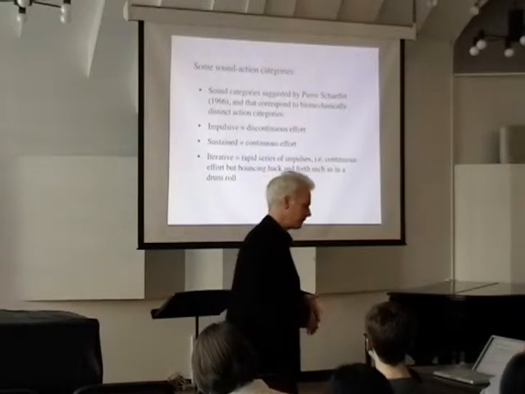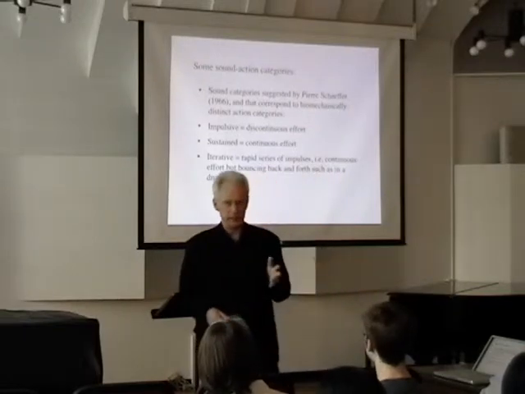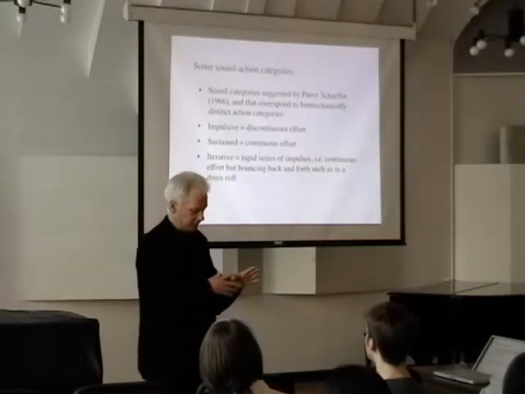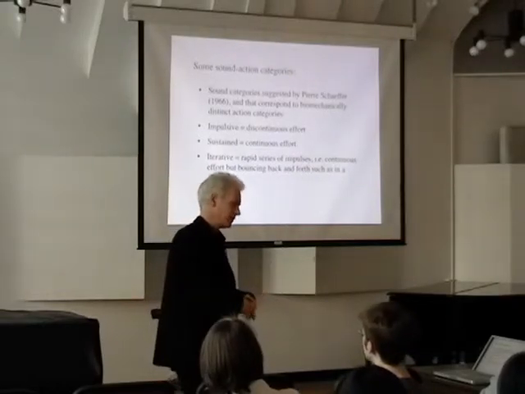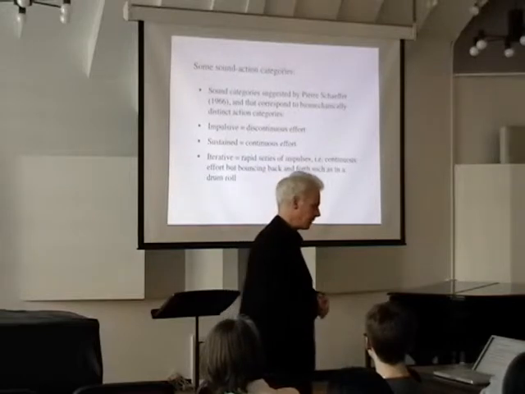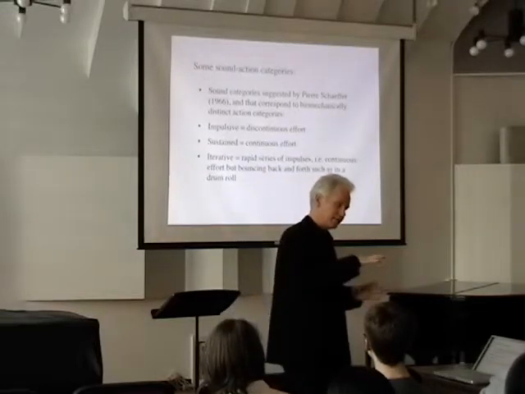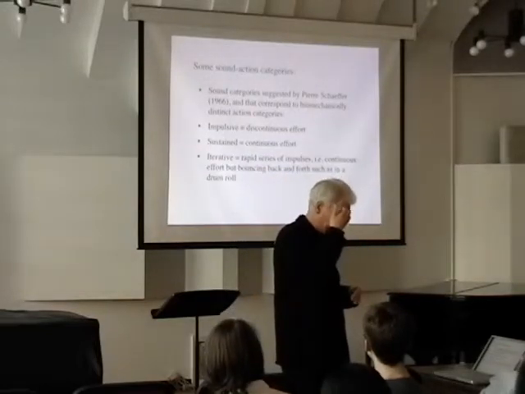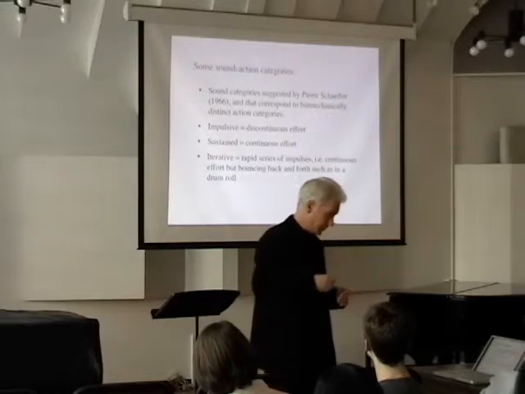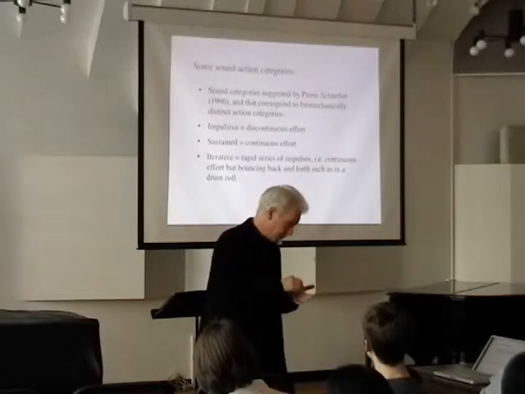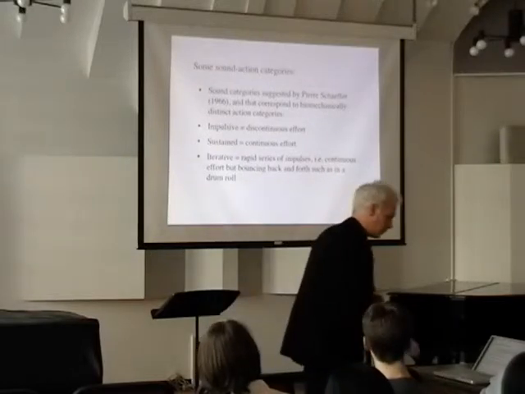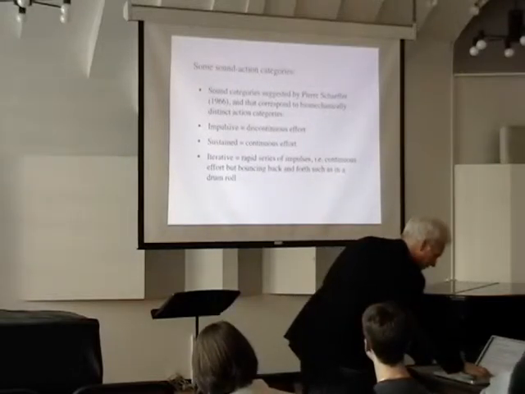And the third category, iterative, is a kind of in-between, meaning that, for instance, you have a shake like this, or a rapid tremolo on a string instrument, or a drum roll. There are clear thresholds, sometimes referred to as phase transitions, between the continuous, impulsive and iterative movement. So let's hear some examples, first an impulsive sound.